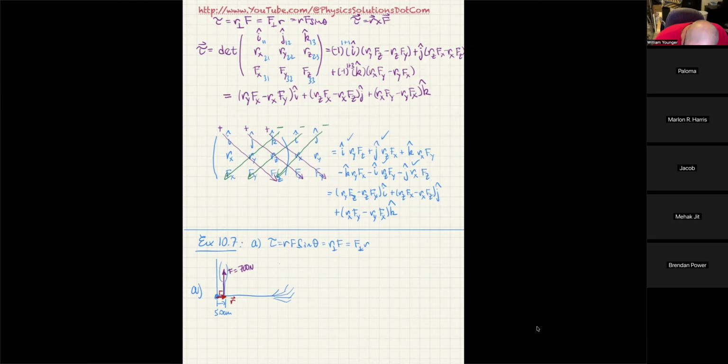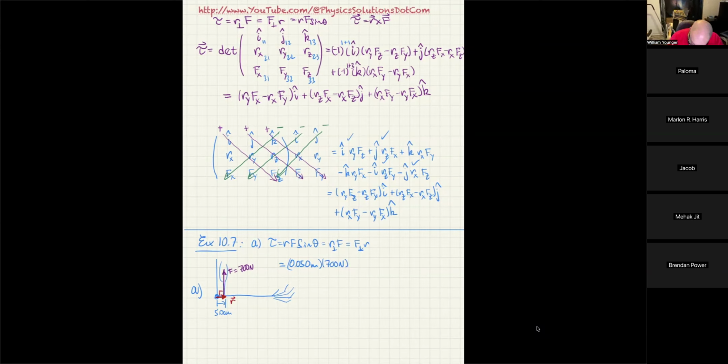Either way, R is 0.050 meters times the force, 700 newtons, times the sine of the angle between them.